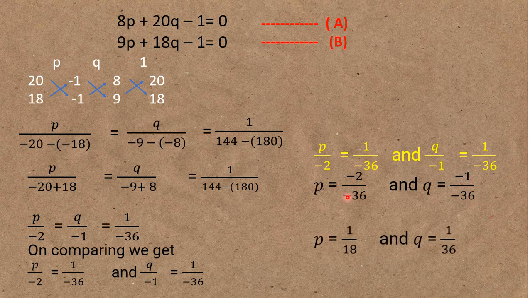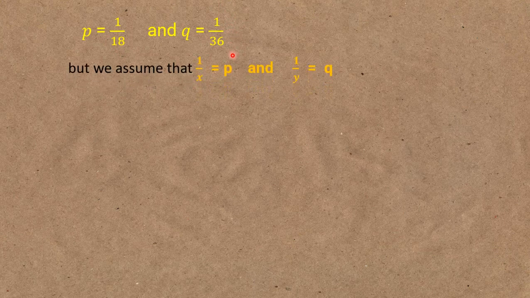So when we solve, 2 18s are 36 and the minus signs cancel out. So p is 1 upon 18 and q is 1 upon 36. Now we have the values p is 1 upon 18 and q is 1 upon 36. But what we assumed previously is that 1 upon x is p and 1 upon y is q.